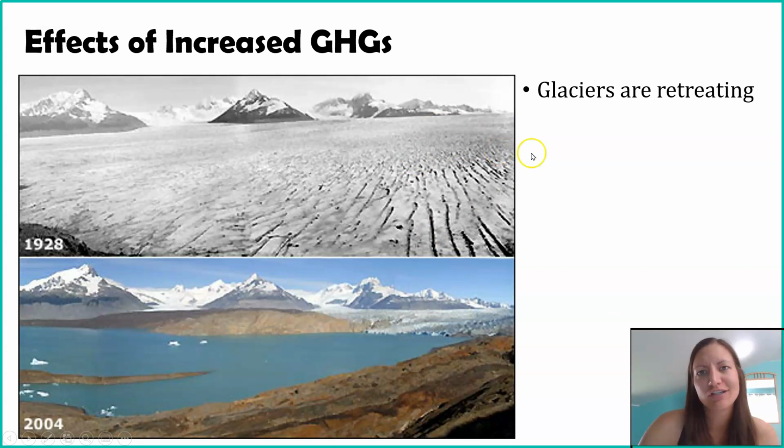This top picture is from 1928. This is taken from Glacier National Park, which is in the northern part of Montana in the United States. So, a very, very cold region. This ice that you're seeing in this picture has been there for over 10,000 years. So this is 1928.